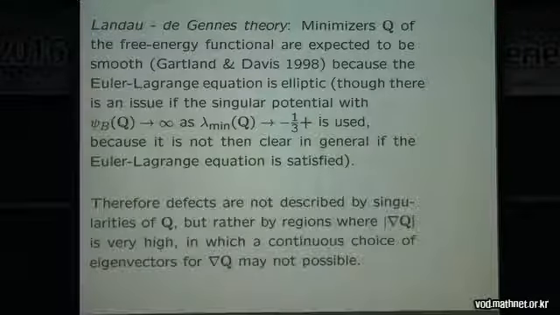So the defects in general are not described by singularities of Q, but rather by regions where the gradient of Q is very high, where you might not be able to make a continuous choice of the eigenvectors for Q, not the gradient of Q.